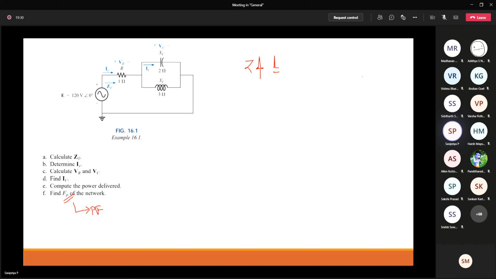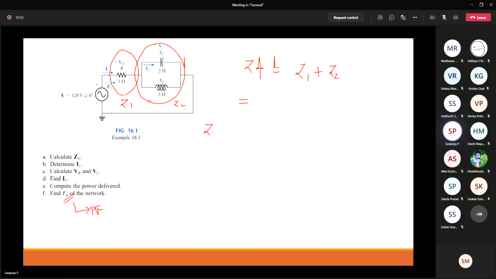So the total impedance ZT: let me consider this as Z1 and this as Z2. Both of them are connected in series, so this can be written as Z1 plus Z2. What is Z1?